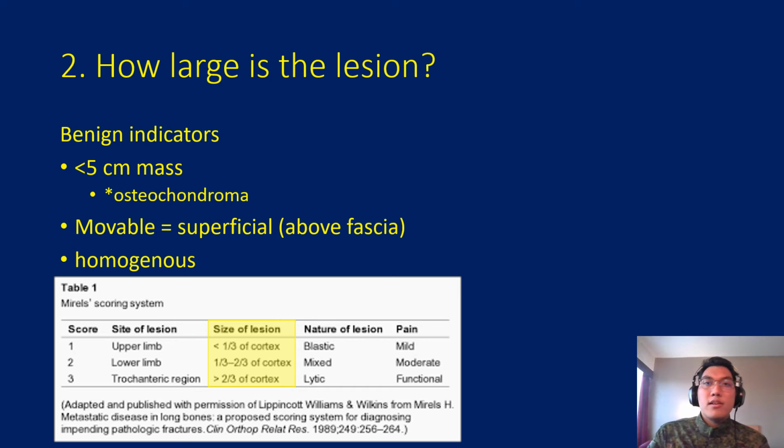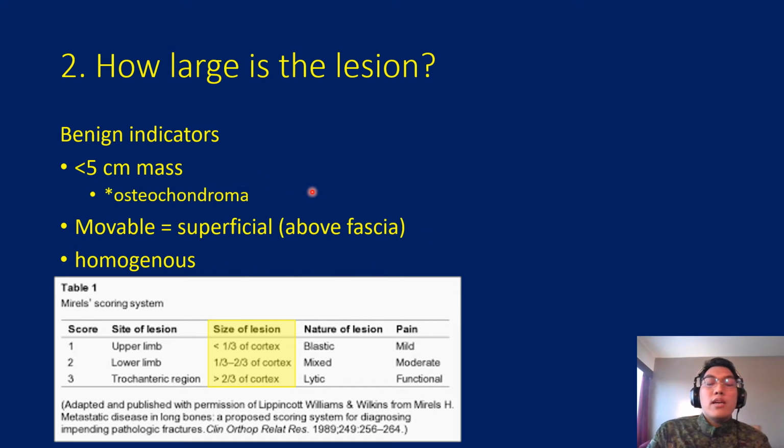In general, the larger the lesion, the more likely it is to be aggressive or malignant. Conversely, smaller lesions such as osteoid osteoma are usually benign. However, this is not universally true because benign lesions such as fibrous dysplasia may be quite large. Some benign indicators include size less than 5 cm, movable when you palpate it because it is only superficial or above the fascia, or has a homogeneous matrix.